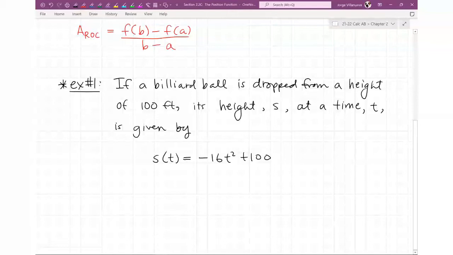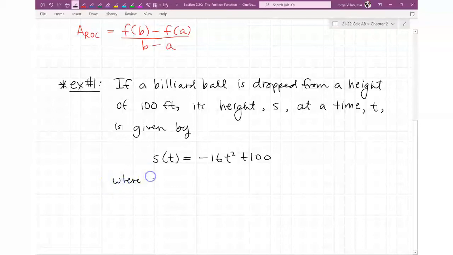But anyway, here's the equation that's given for this billiard ball, okay? Now, S is measured in feet, right? Because they said it's dropped from 100 feet, so the position is in feet. The time, I don't think I mentioned that, so let me put right here where T is in seconds.